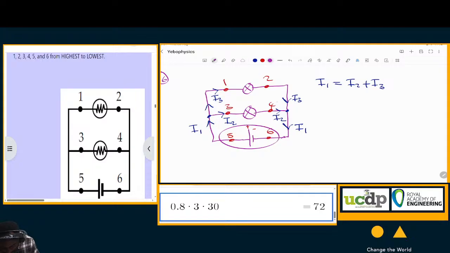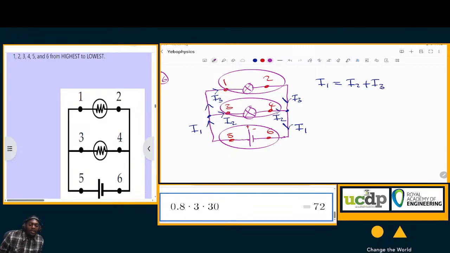Currents 3 and 4 are the same, and current 1 and 2 are the same because it's in series. But which one is the greatest? The current from the battery, which then splits into I2 and I3.